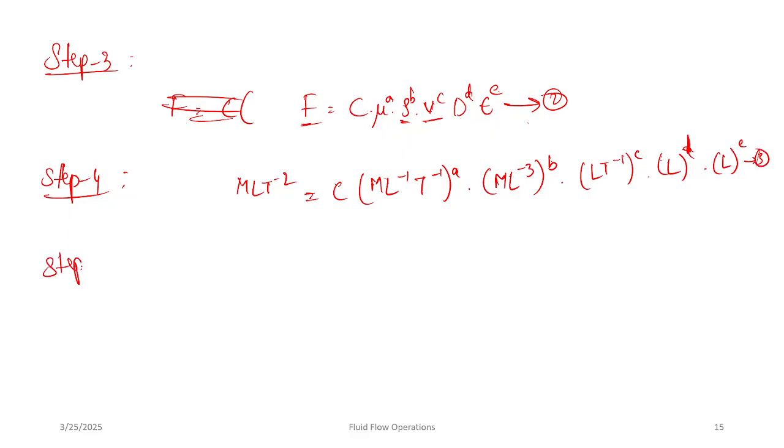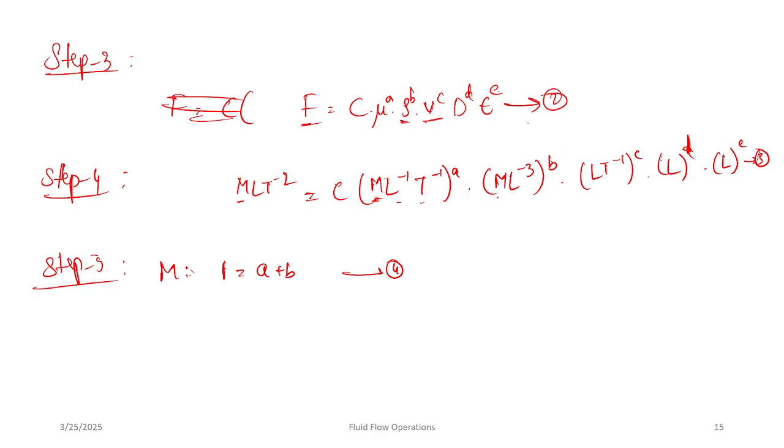So now we have to equate the like dimensions. Just collect all the M terms, L terms, and T terms, and then equate the variables on the left and right hand side. Then you will be getting simultaneous equations involving A, B, C, D, and E. So for mass, if you compare all the terms involving mass, on LHS it is 1 is equal to A plus B. This is equation number 4.